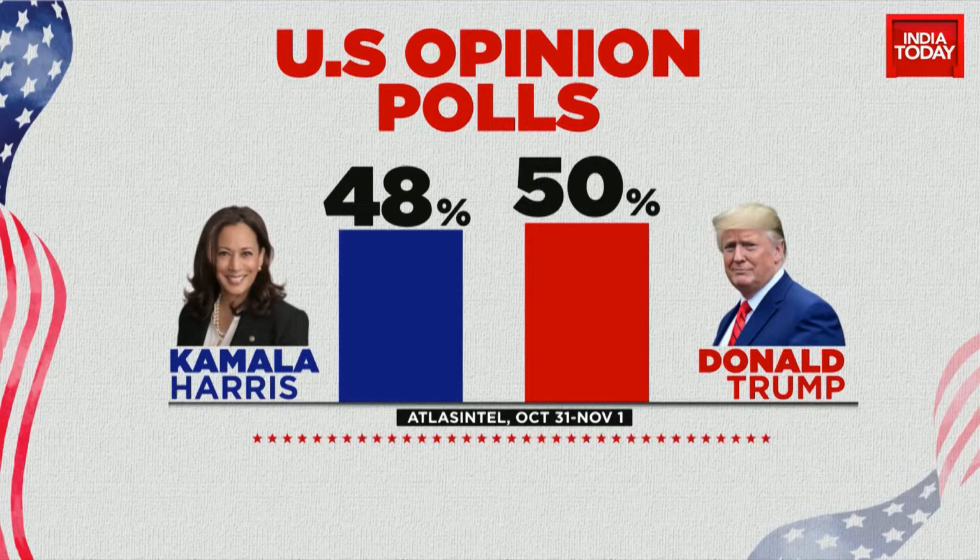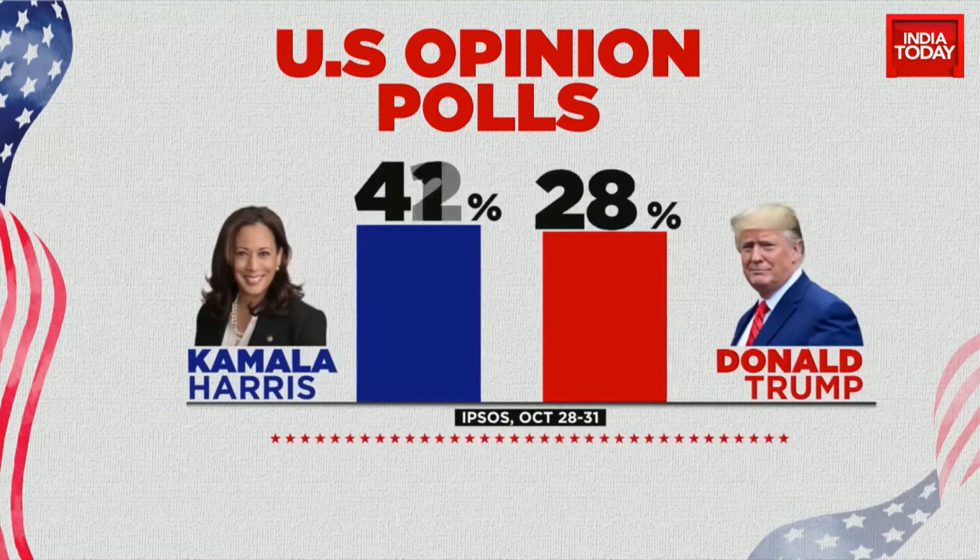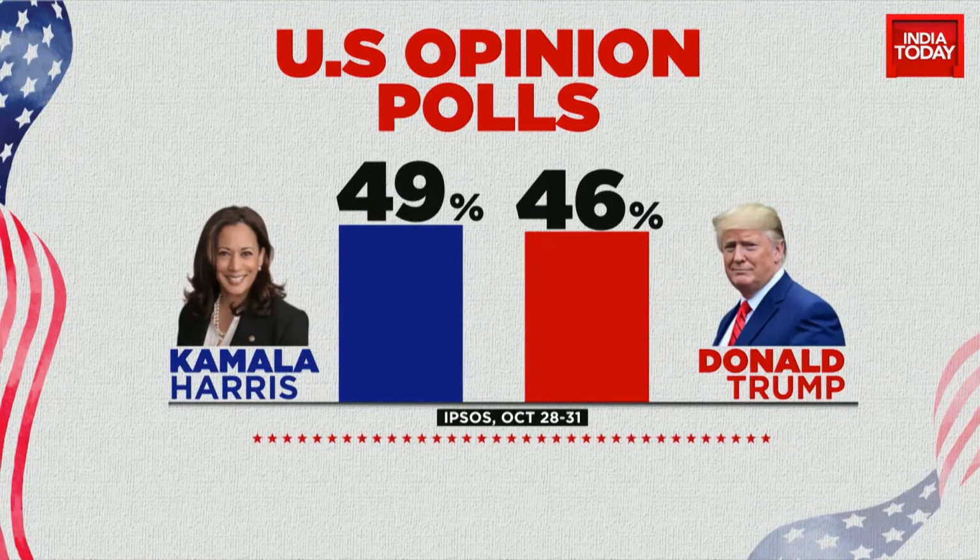The survey conducted on the first 2 days of November included nearly 2,500 likely voters in the US, the majority of which were female. A Reuters Ipsos poll published last week on 29 October showed Kamala Harris leading Donald Trump, with the Democrat ahead by a few percentage points over the Republican, 49% to 46%.